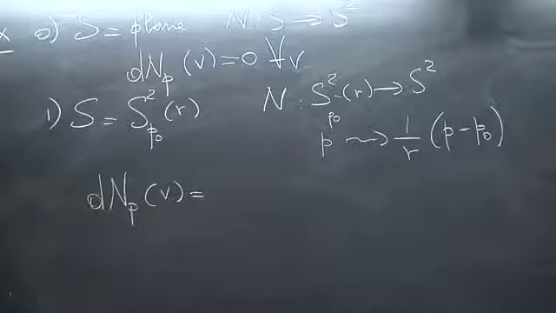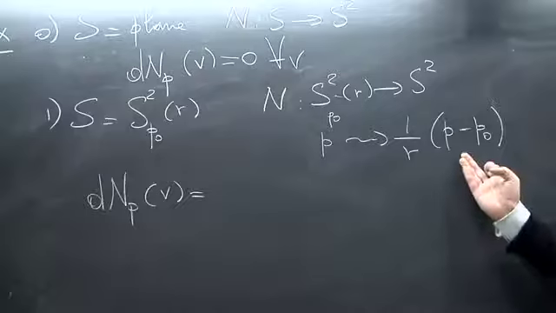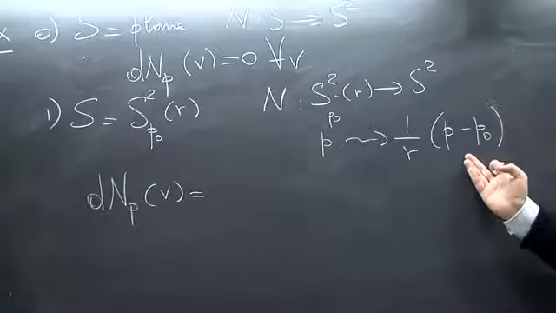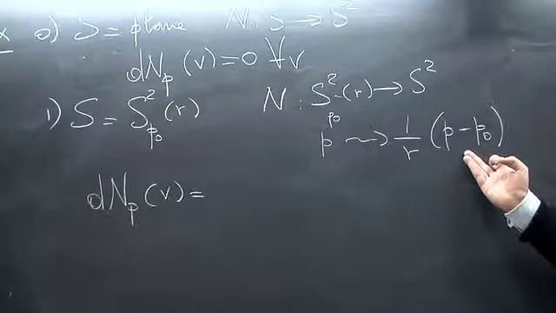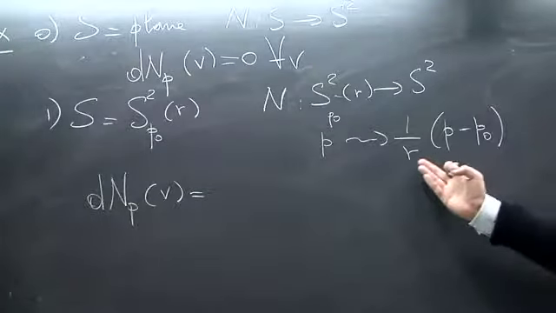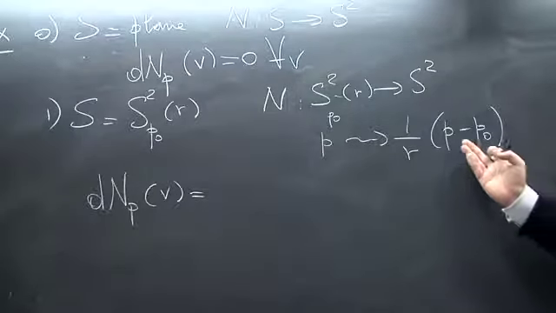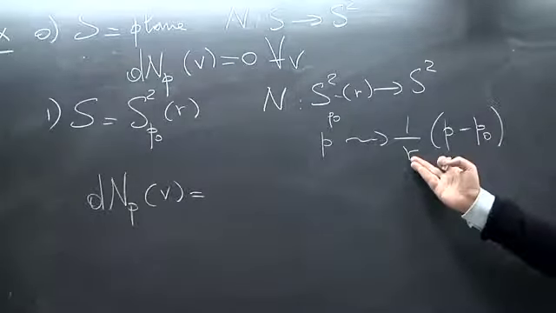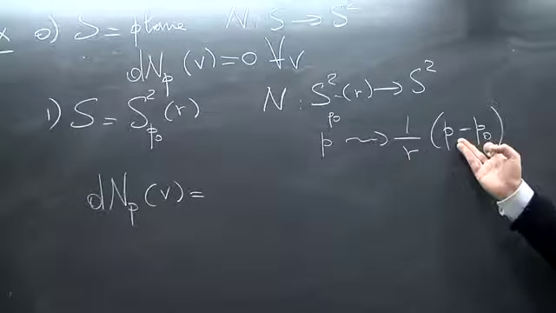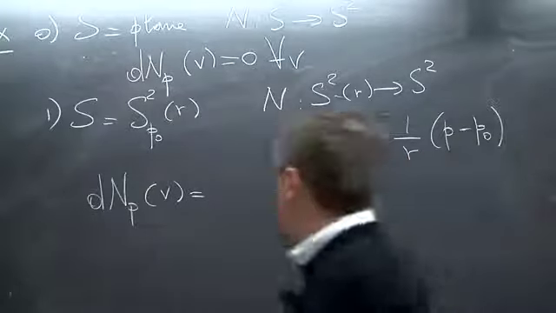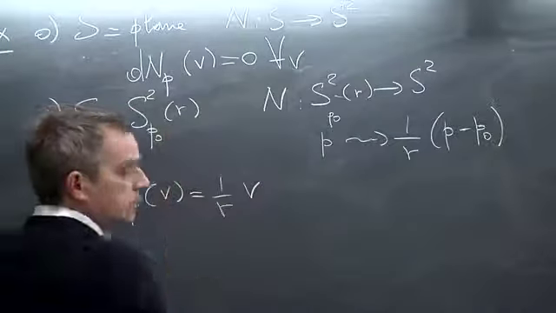Take alpha with alpha of 0 equal to p and alpha prime equal to v. Take n composed with alpha, which just means substituting alpha of t at p, and take the derivative at time 0. The derivative of this object at time 0 is alpha prime of 0 divided by r. Alpha prime of 0 is v, so this object is just 1 over r times v.